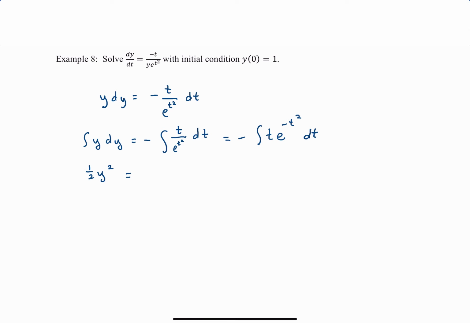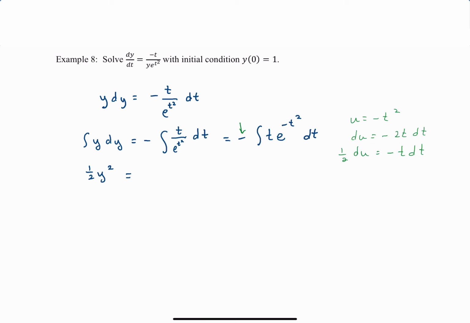And now we'll need to do a u substitution. If I let u be minus t squared, then du would be minus 2t dt. Now I've got a minus sign out here, so I'm just going to put in a 1/2 du to replace the minus t dt.